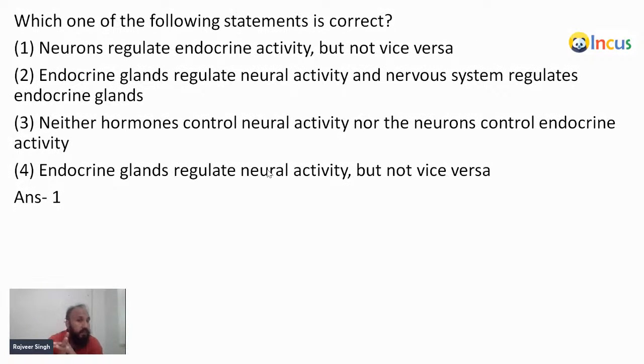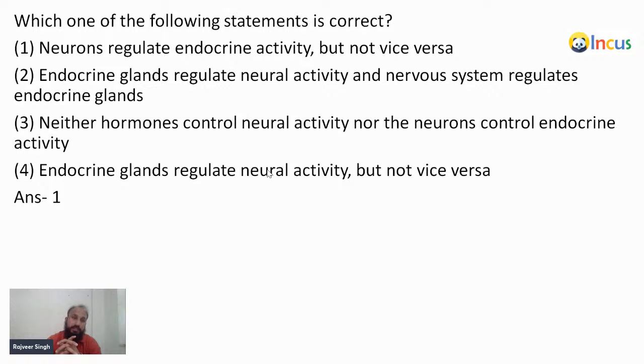Now, next question. Which one of the following statements is correct? Neurons regulate endocrine activity but not vice versa. Endocrine glands regulate neural activity and the nervous system regulates endocrine glands. Neither do hormones control neural activity nor do neurons control endocrine activity. Endocrine glands regulate neural activity but not vice versa.